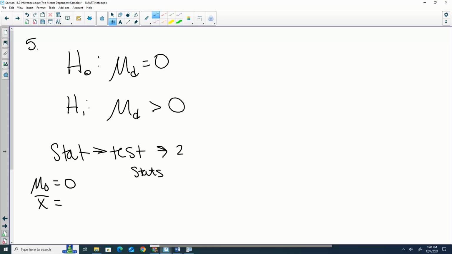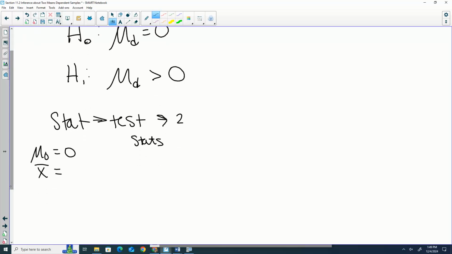The x bar is the mean of the difference, which the problem tells us was 1.4. The standard deviation, the problem told us, was 1.75. The number of babies we looked at was 16. And we are testing greater than. Calculate.